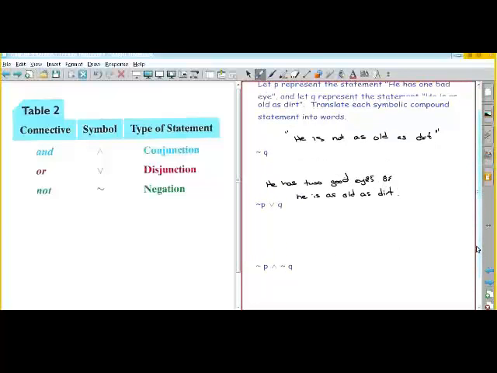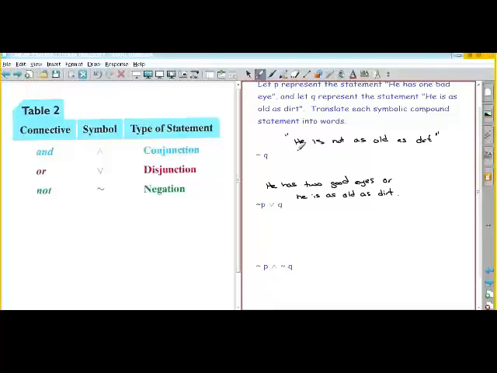Okay, the third one is the negation of P. We've already done that, and the negation of Q. So this is just a matter of putting together what we've already figured out. So the negation of P was the statement he has 2 good eyes.